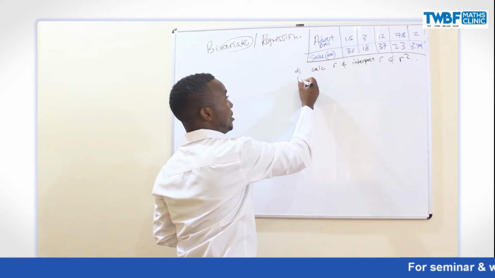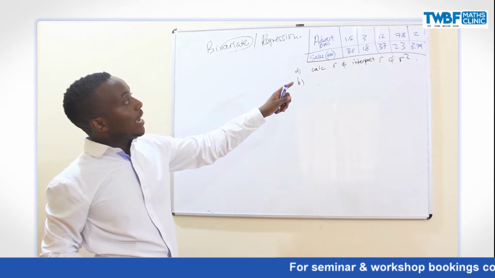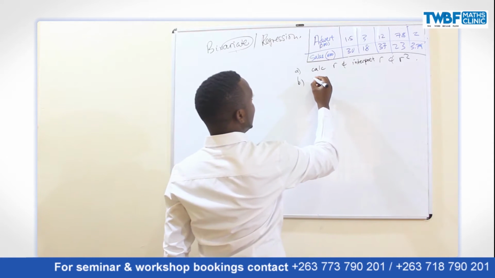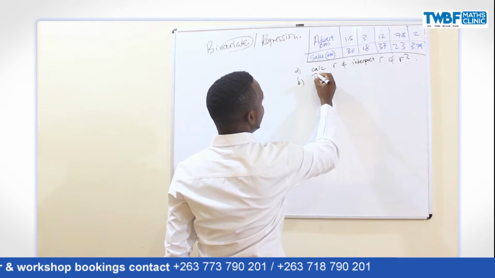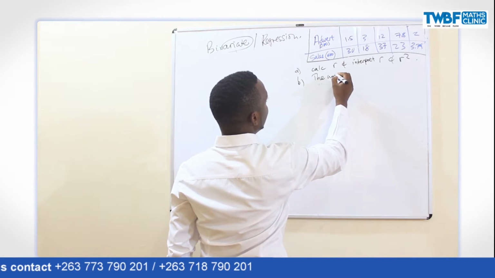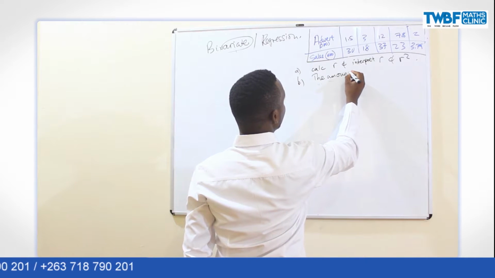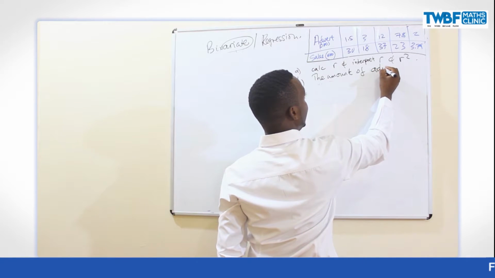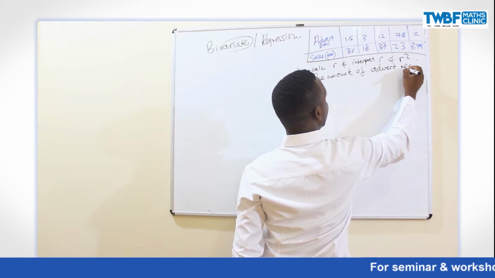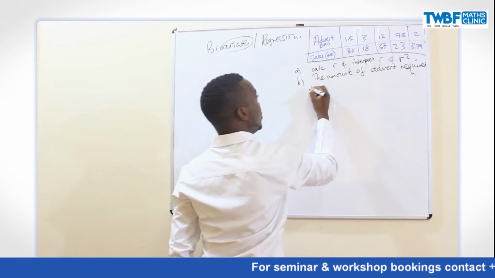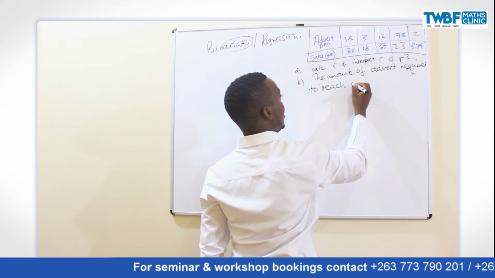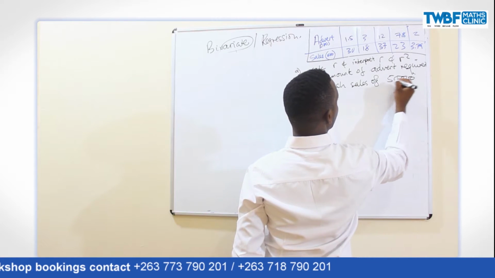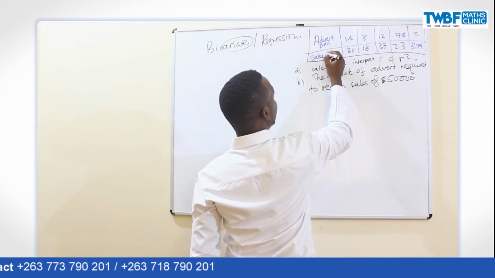That is item A. Item B: calculate the amount of advert required to reach sales of $50,000. These are dollars.